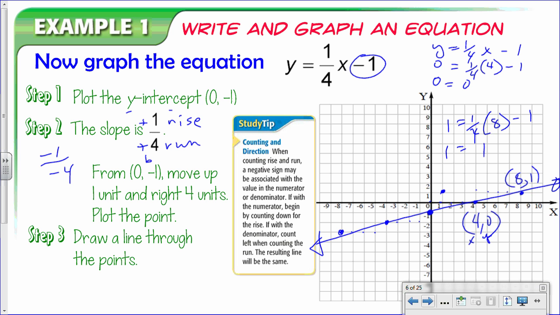Will that work? Tell me why. For one, it doesn't lie on the line, does it? And then if I took the ordered pair of that, plug it into my equation, what happens? What's the fourth of 1?